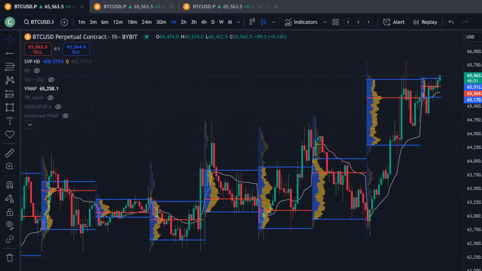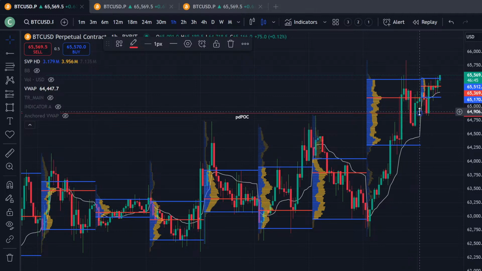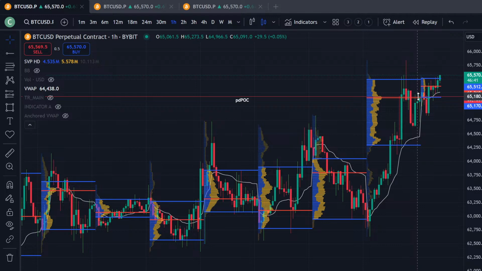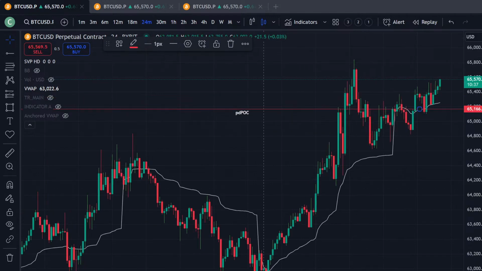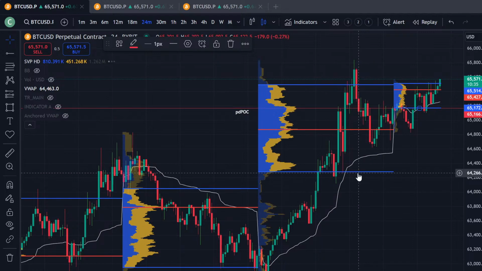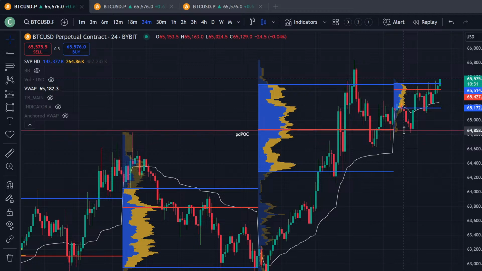Value high, value low, and point of control. Reset. Point of control is up here. Is it lower? And it's gonna change, as you see. It changes.